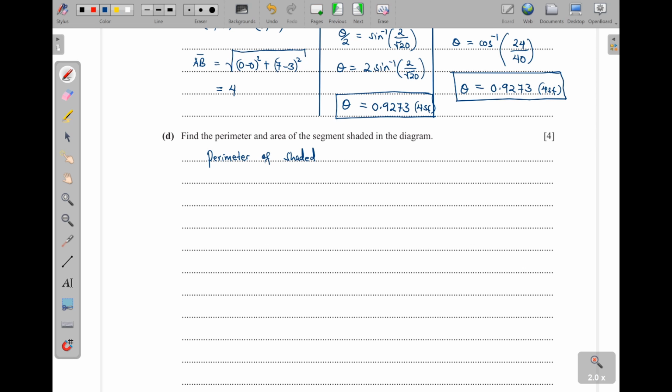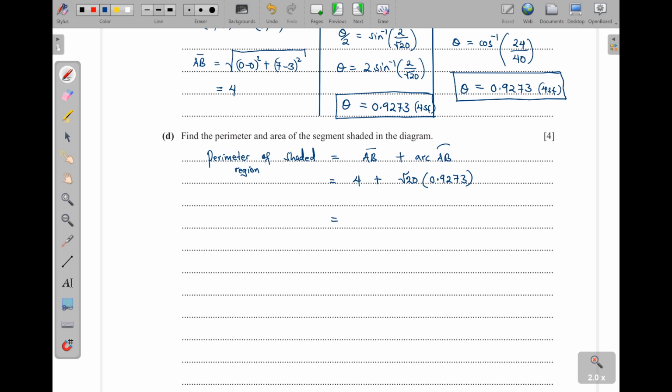So perimeter of shaded region or segment is going to be equivalent to AB, the straight line, then plus arc of AB. Sometimes we put that, meaning arc. So AB is 4. And then you know that arc length is given by r theta. So the radius is root of 20. And then the theta, we have gotten it as 0.9273.